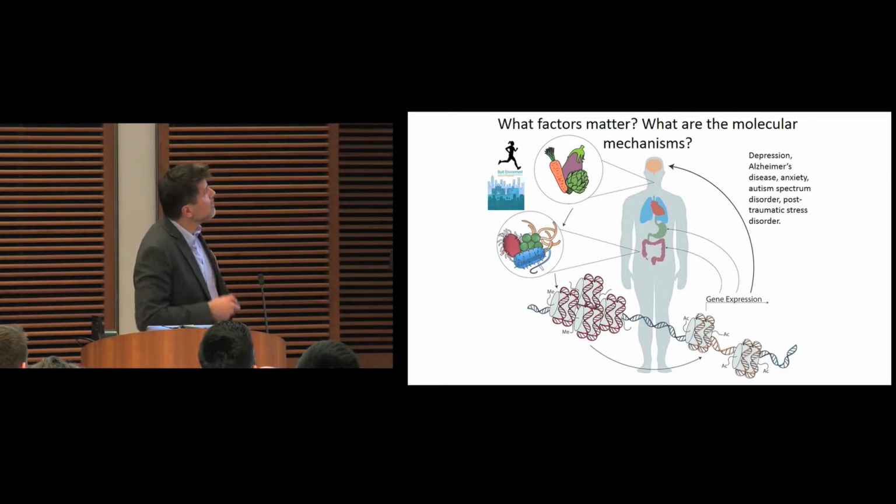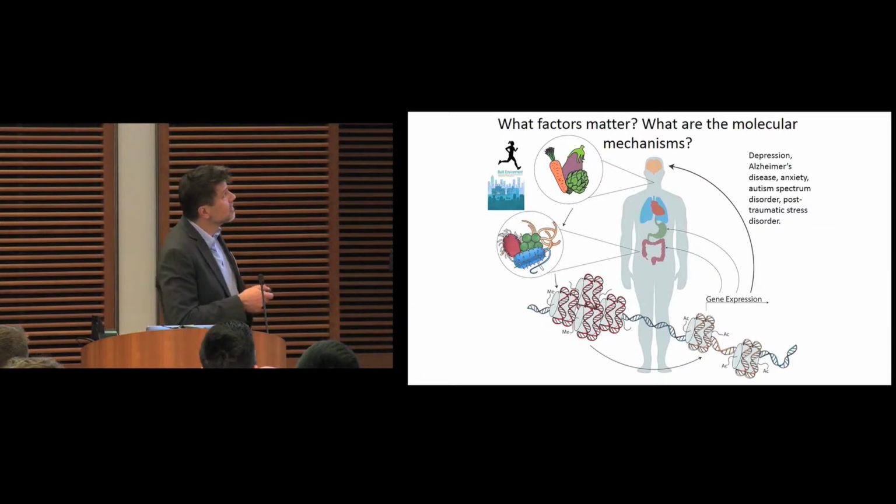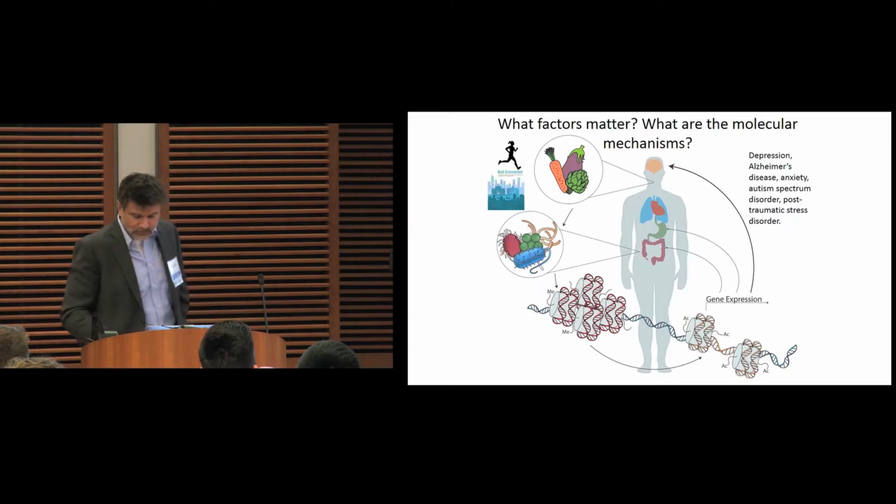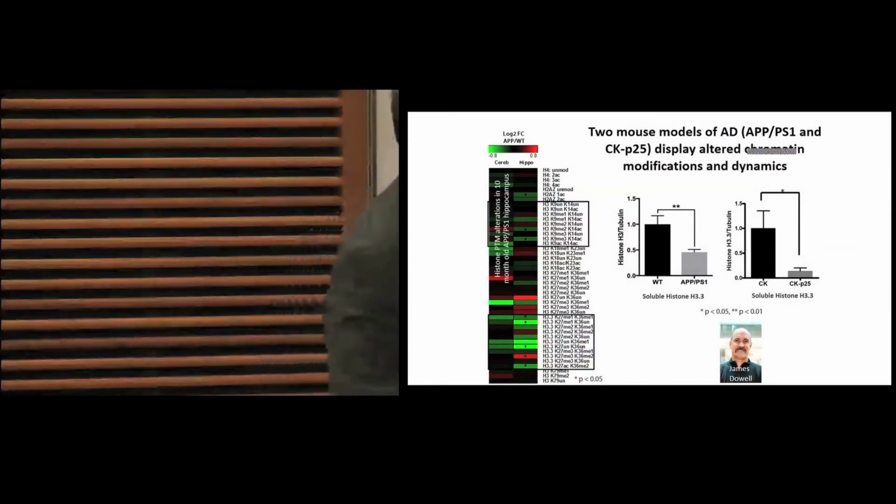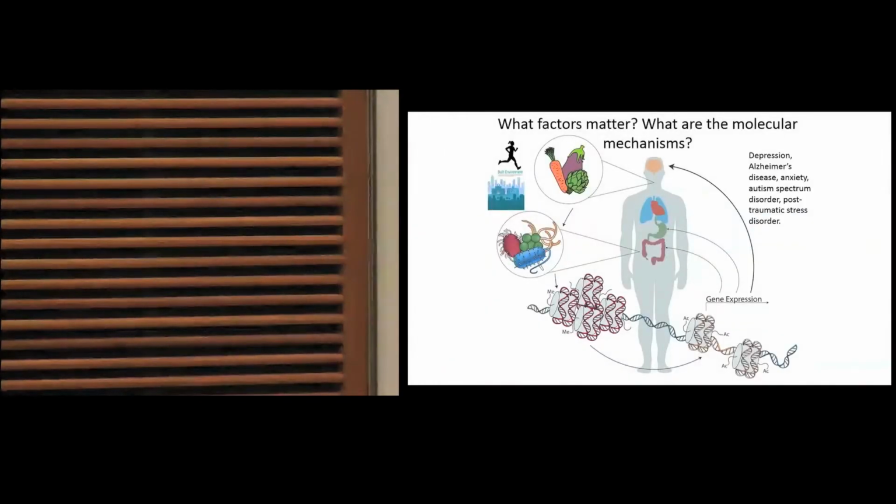We're very interested in how these affect gene expression patterns, how this can lead to dysregulation in different tissues, particularly the brain, where we're interested in exploring these human afflictions. I'll just give you a quick example, because Alzheimer's disease is, in fact, one of these human conditions we'd like to understand.